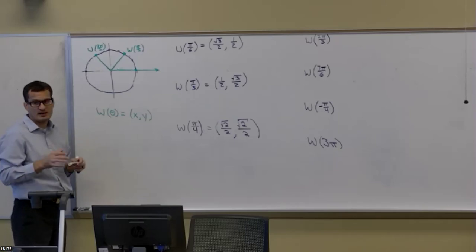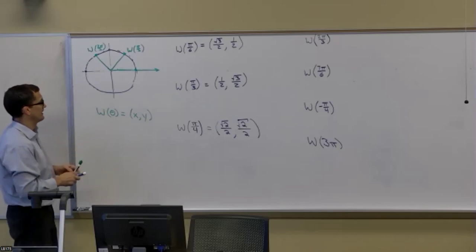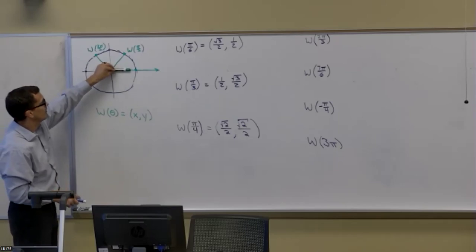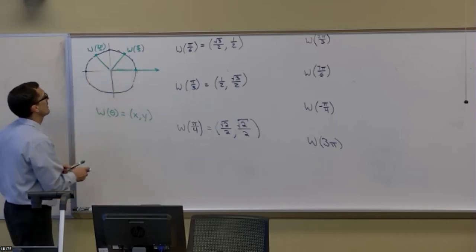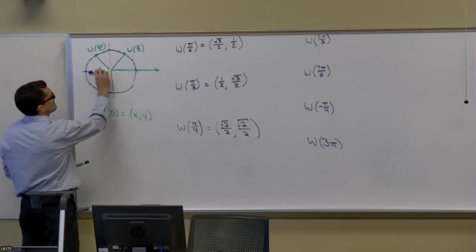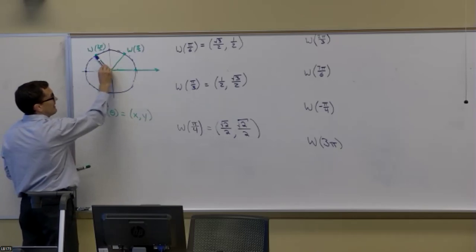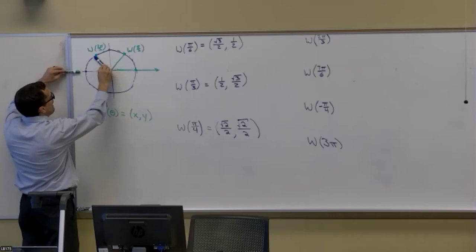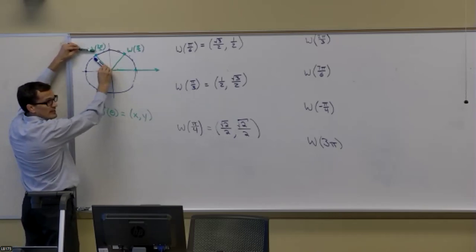Let me explain it in a couple of ways. One way you can see this is that we went angle measurement of pi over 3 up this way. If I did that same angle measurement pointing left in a reverse way, this would be pi minus pi over 3, which is 2 pi over 3.